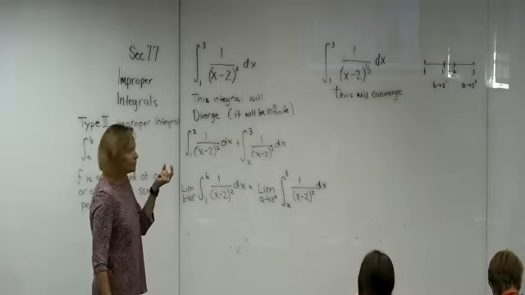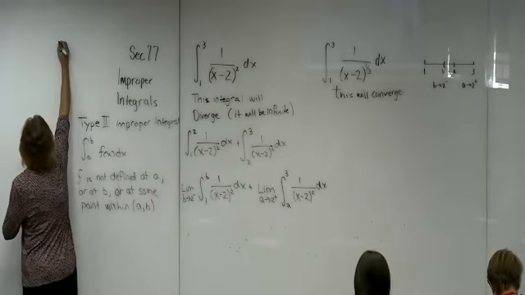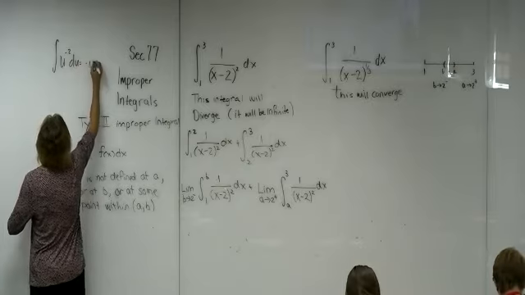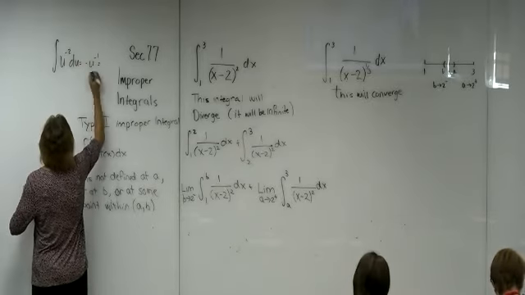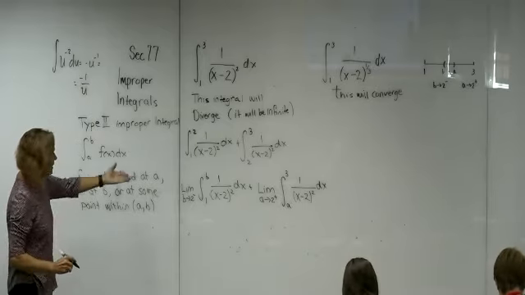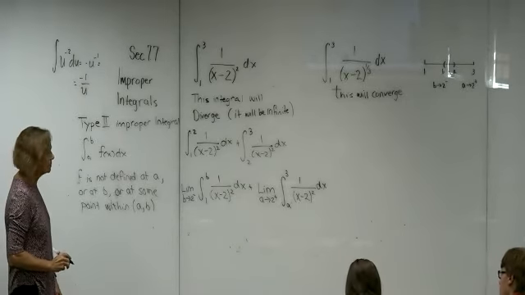So we're going to integrate them both as u to the minus 2. What's the integral of u to the minus 2? -1/u. Both of those have the same antiderivative of -1 over x minus 2.